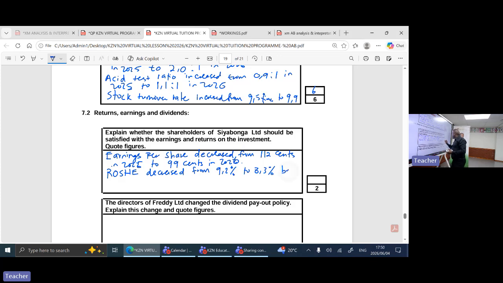So we'll say by 0.9 percentage points, or you can say by 90 basis points.